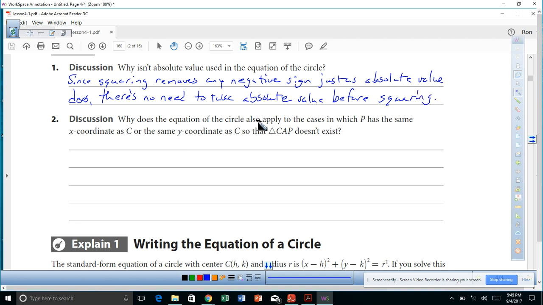Why does the equation of the circle also apply to the cases in which P has the same x-coordinate as C or the same y-coordinate as C, so that triangle CAP doesn't exist?